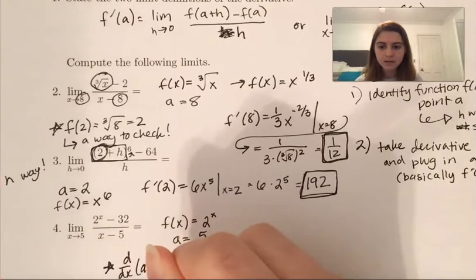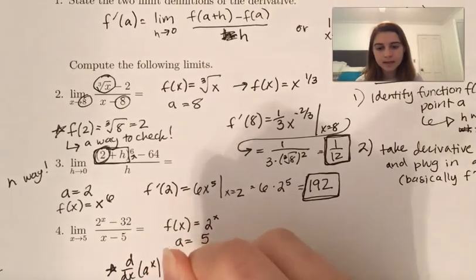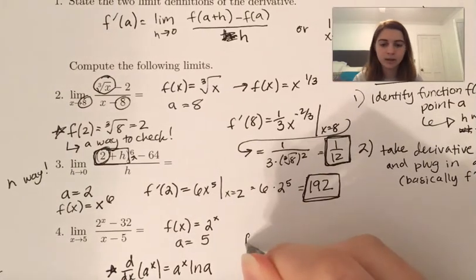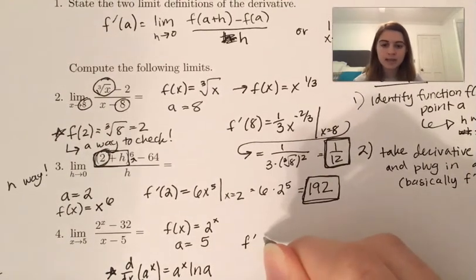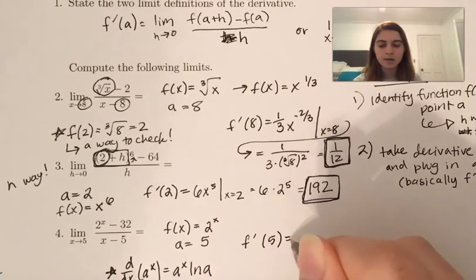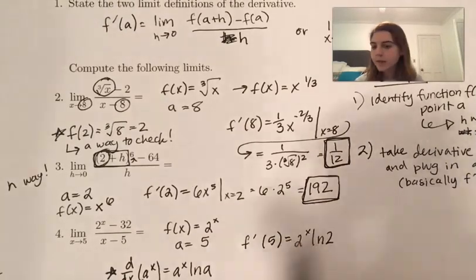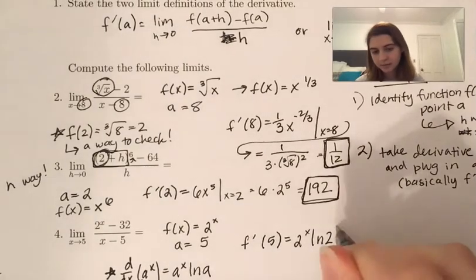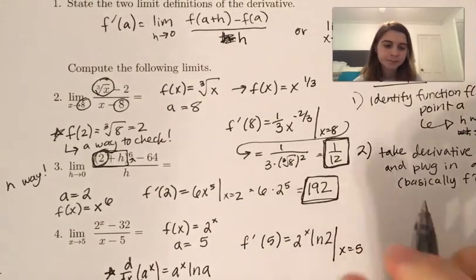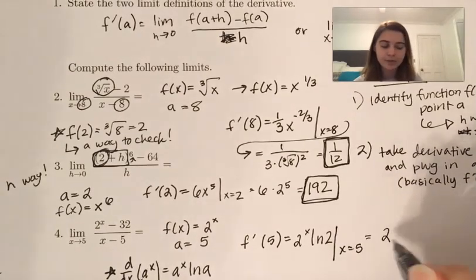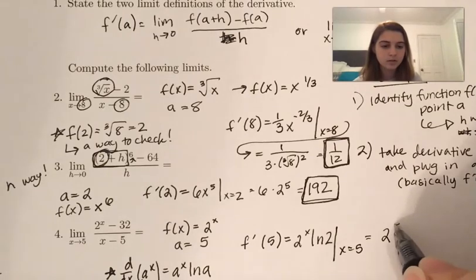The derivative of a to the x is a to the x ln a. So 2 to the x is our a to the x function. When we take that derivative, f prime of 5, go ahead and plug in that a. It's 2 to the x ln 2, and then you plug in 5, and you get 32 ln 2 after you do some simplification.